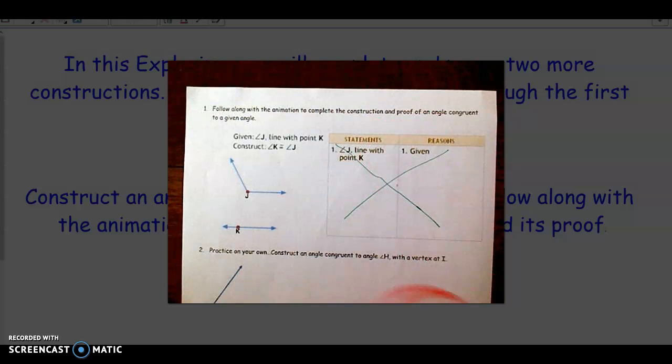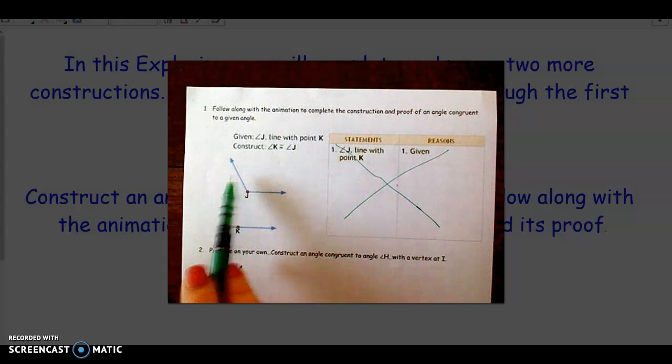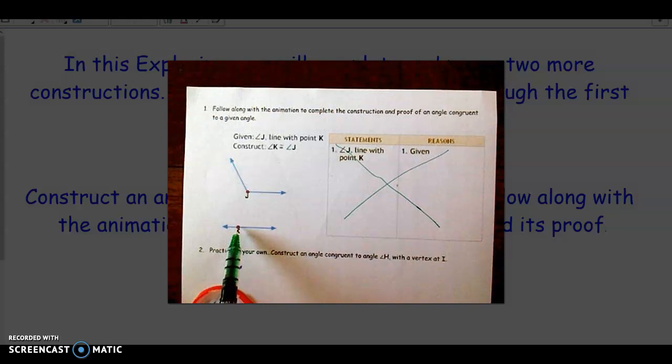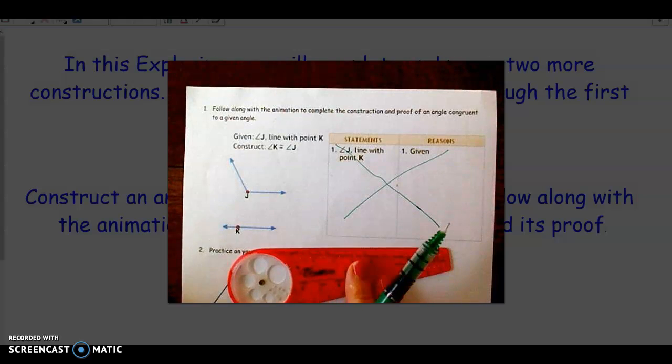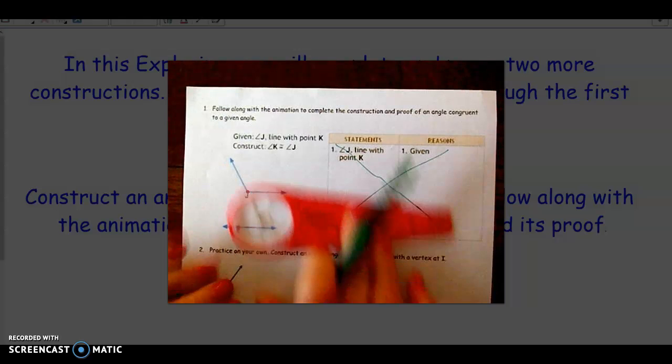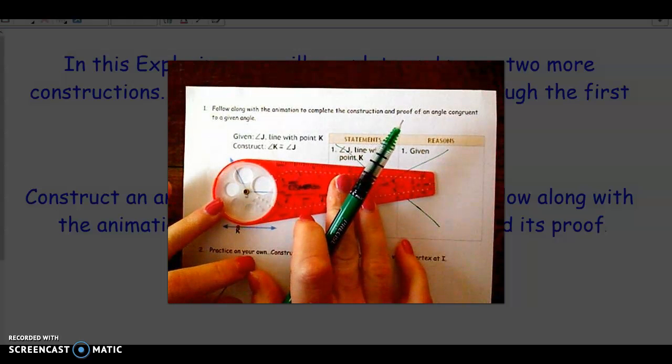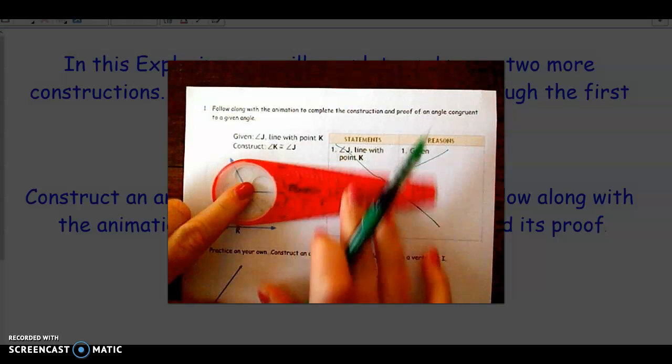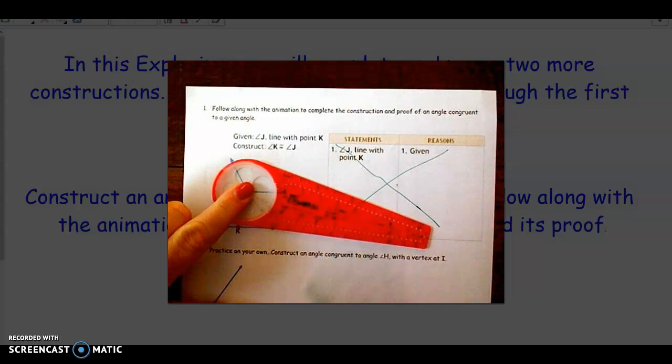When I'm copying an angle, I want angle J to be copied down here at vertex K. I want it to have the same exact measure, and I'm not using a protractor to do that. So I'm going to start off by putting the point of my compass, which is that gold hole, on top of point J, and I'm going to choose any setting on the compass. It really doesn't matter.